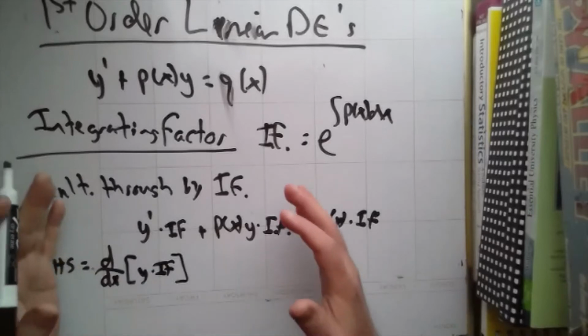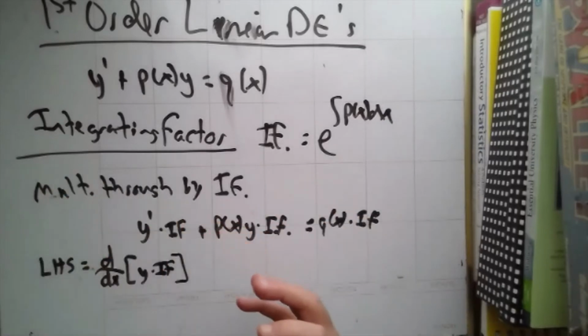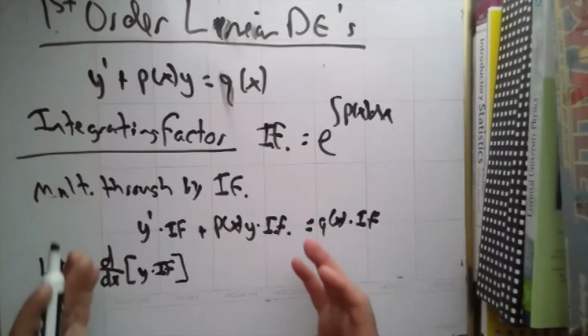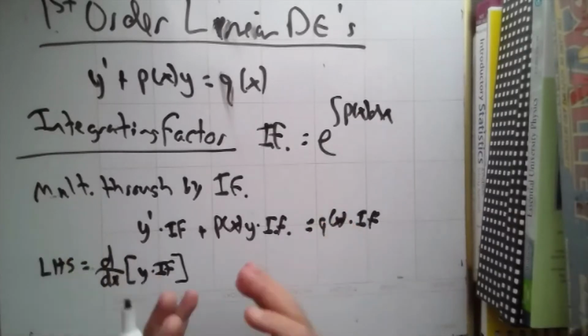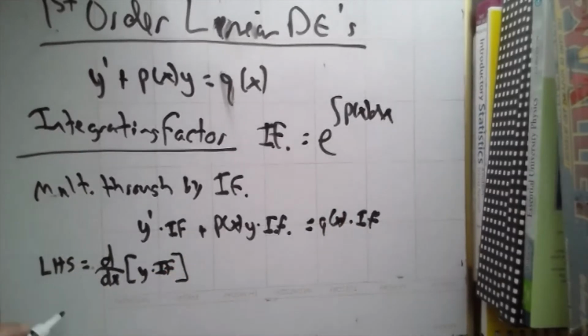So we're going to unchain rule this, squish this back together. I keep saying chain rule, it's product rule. The left-hand side will be the product rule of Y times the integrating factor. So we'll unproduct rule this, rewrite it as a derivative, and then we integrate both sides.